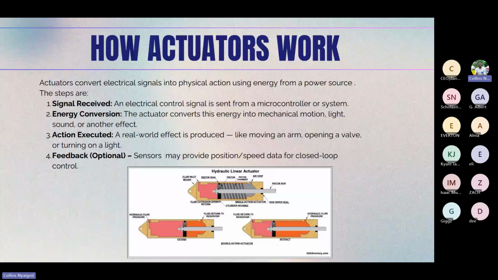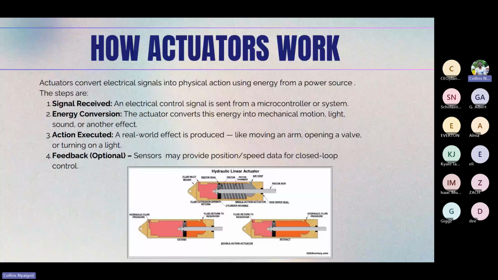Maybe it moves a robotic arm when a signal is received from a microprocessor. From the name itself, actuators produce an act.